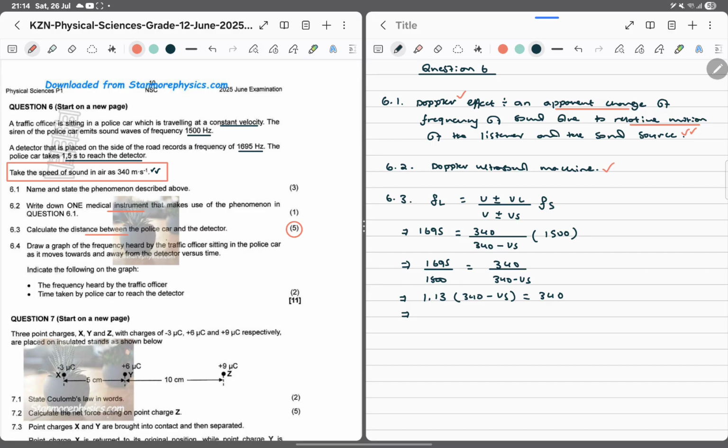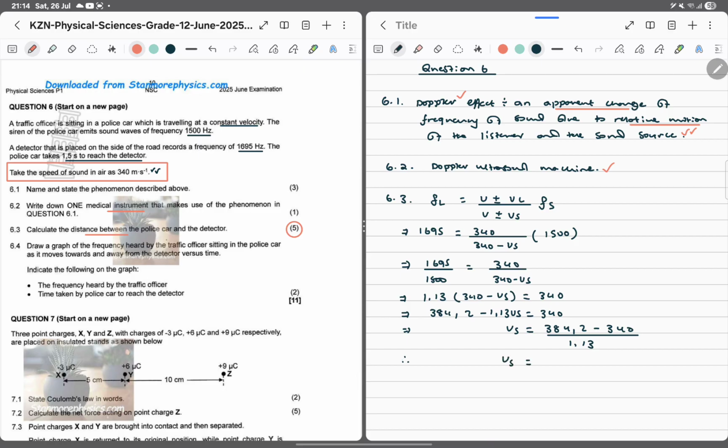Anyway, we multiply this out, we get 384,2 minus 1,13 Vs equals 340. So we can say this implies that the velocity of the source is going to be 384,2 minus 340, all divided by 1,13.